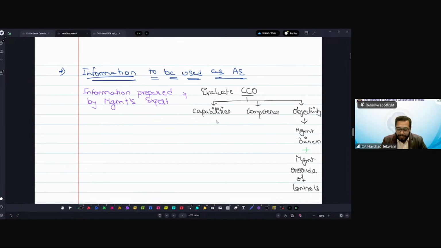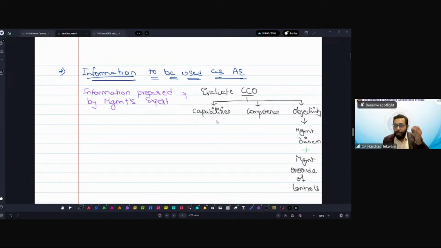If there is a net worth certificate already prepared by a chartered accountant, an auditor can rely on the objectivity and think, this is prepared by an independent chartered accountant, and I am pretty sure he will be objective. So the management bias or management override of control risk might not be present in this. He will be relieved from these two risks when he sees the net worth certificate prepared by an independent chartered accountant.